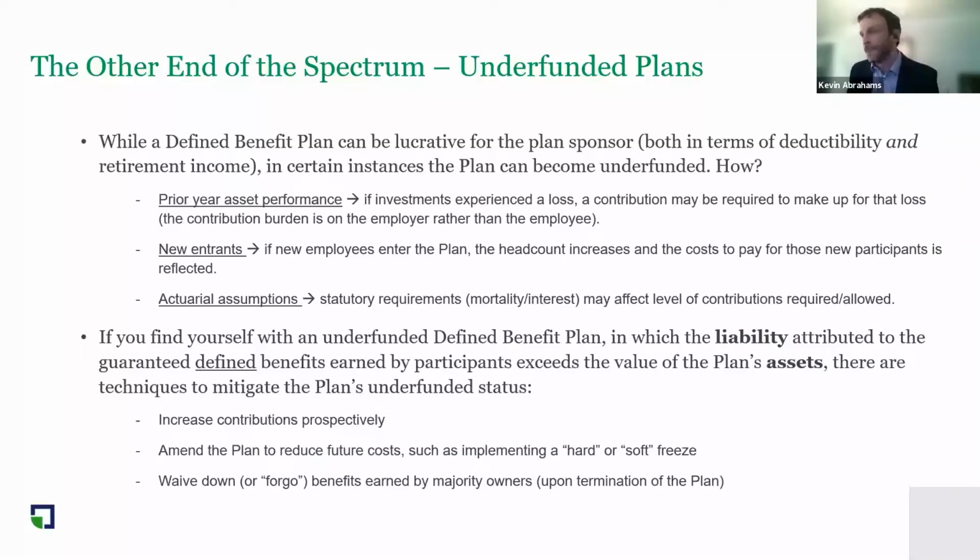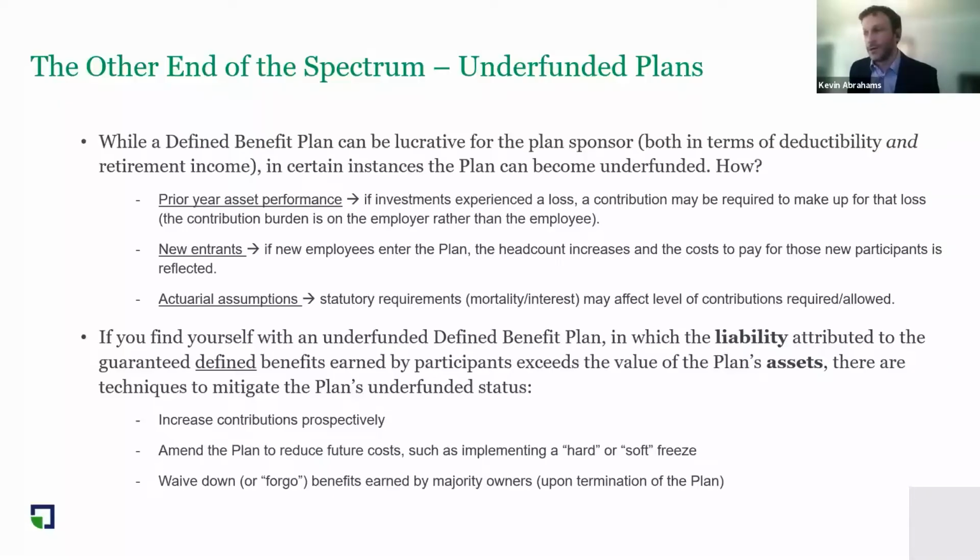And there are certain boxes that have to be checked to make sure the freeze will work for your plan. And then finally, when we get to the end of the plan, this is not something that can be done on an ongoing basis, but at the end of the plan, if there is a shortfall, let's say we have a single owner cash balance plan where their benefit in the plan is accrued to $1 million. And we get to the end of the plan and their plan assets, based on the investments and contributions, are only 900,000.